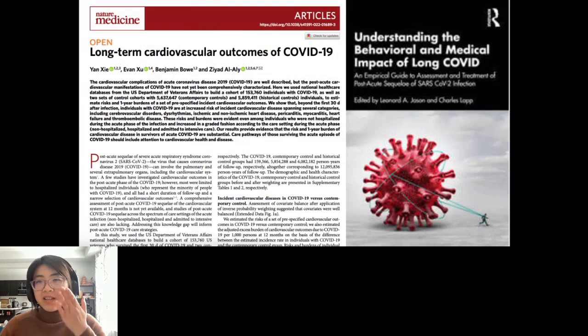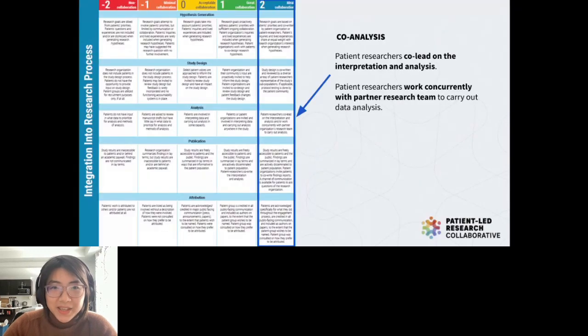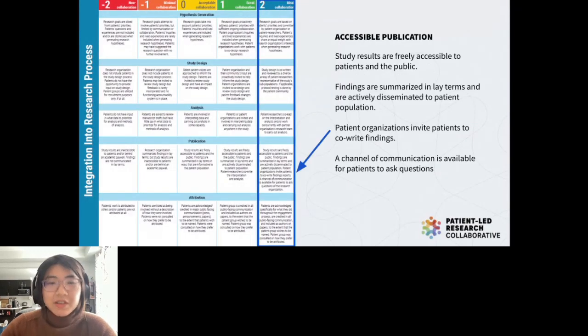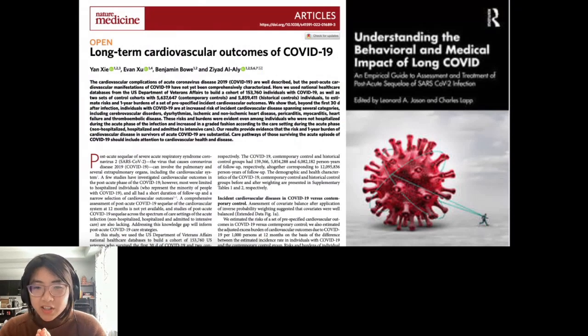We have two examples, but one example of accessible publication is something that we've seen our partners do. We've seen folks invite patients to review their manuscripts before publication.